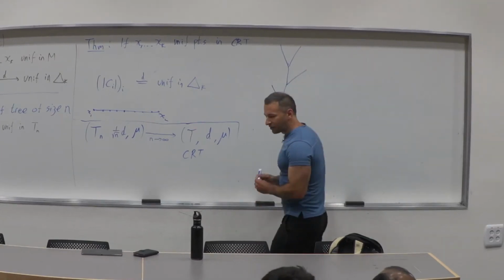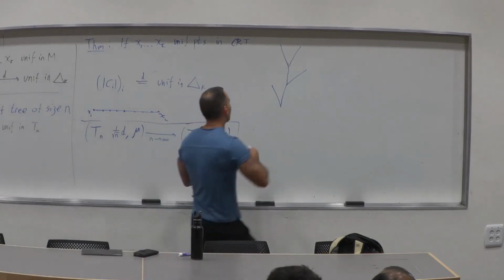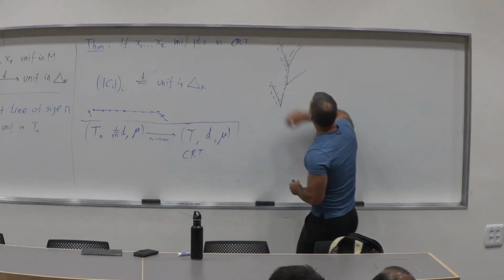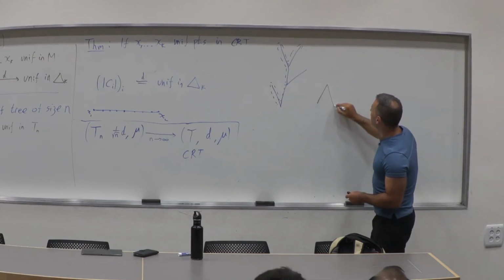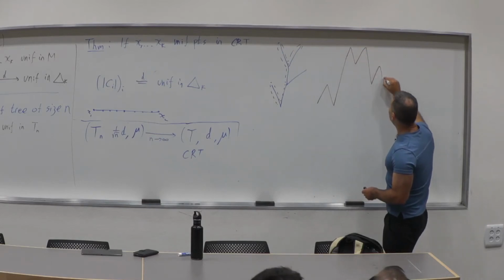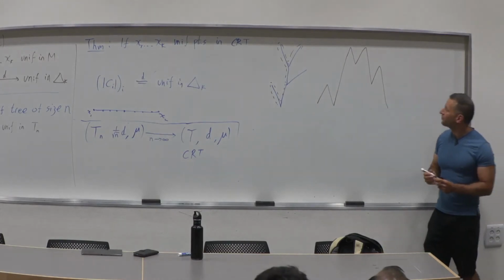We have the contour around the tree, and if you look at the distance from the root along the contour, you get some excursion that starts and ends at 0. This is the contour function of the tree.